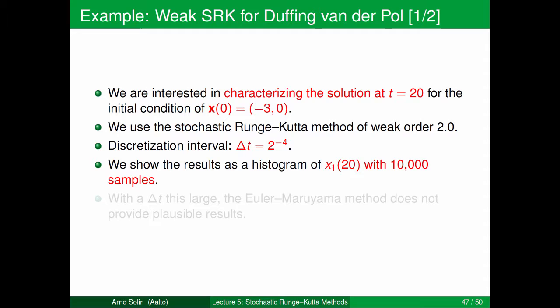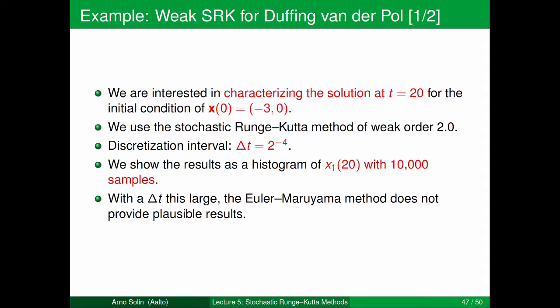We simulate 10,000 samples using the weak Runge-Kutta method, and it's worth noticing that with the delta t this large, the Euler-Maruyama method does not provide any useful results. So now we save some computations by using a higher order method with a larger step size.